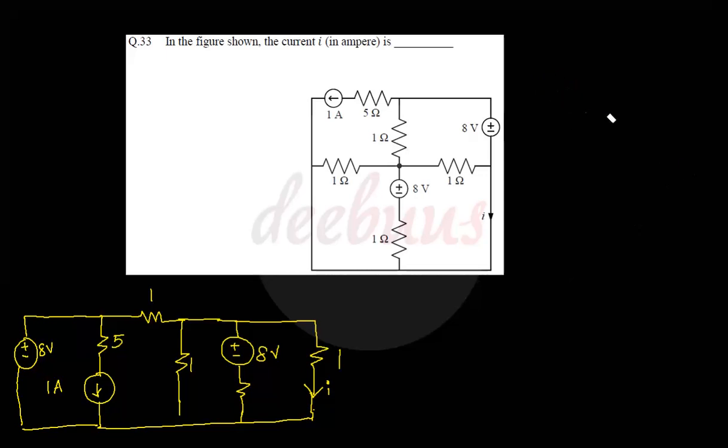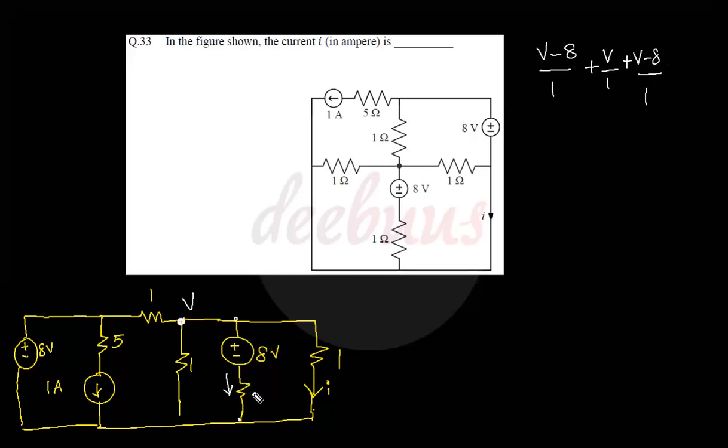So I am writing node equations. First of all, I am taking this node voltage as V and writing the equation there. As the 8 volt is parallel, the other node voltage is 8, so V minus 8 by 1, plus another node, V by 1, where V is the voltage across these two points.